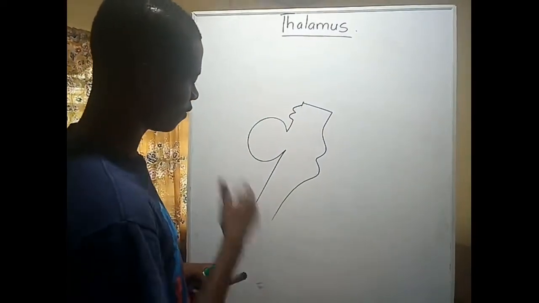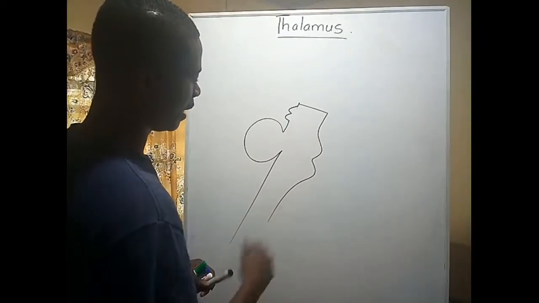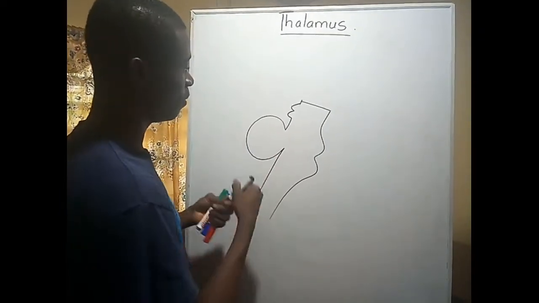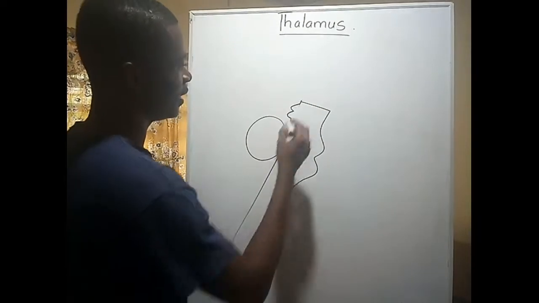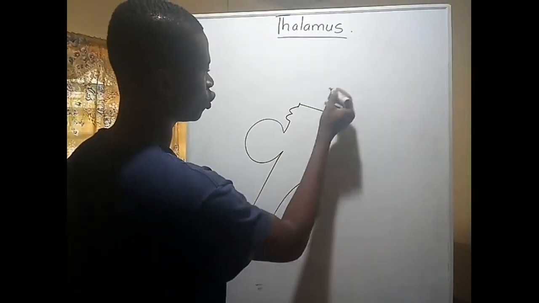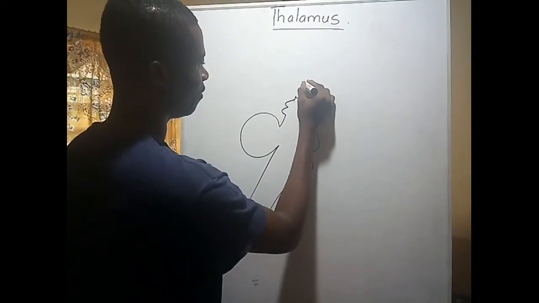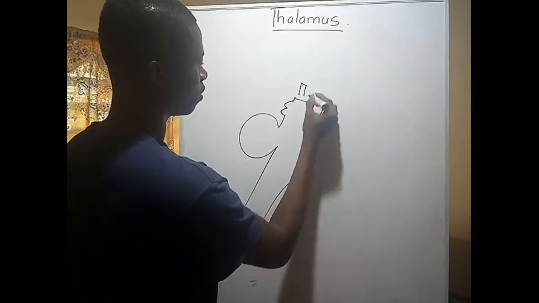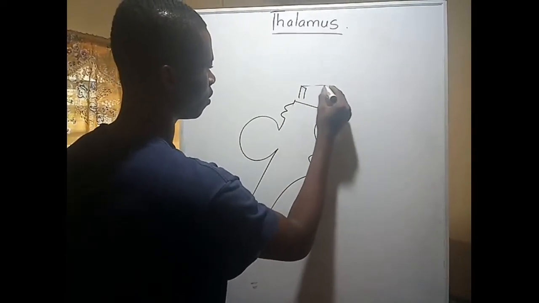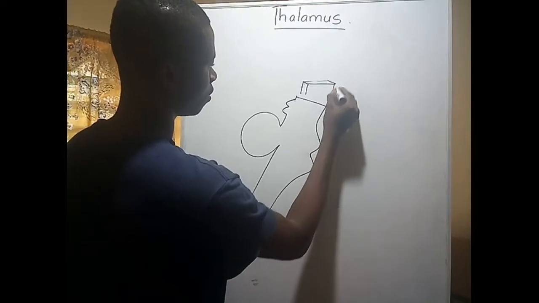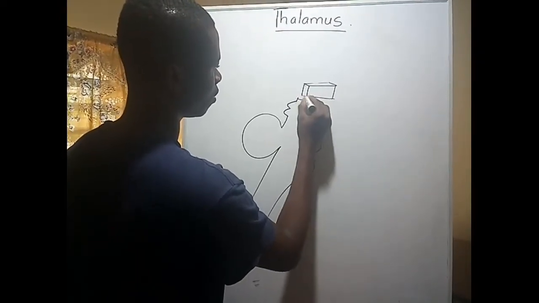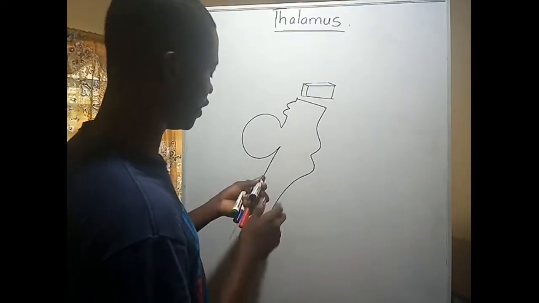We have the pons, the medulla, we have the cerebellum, then we have the colliculi. Now this is the midbrain, and then on top of the midbrain we have the cavity of the third ventricle.